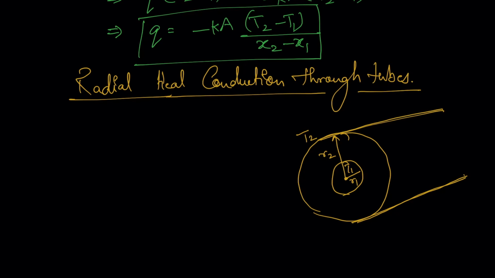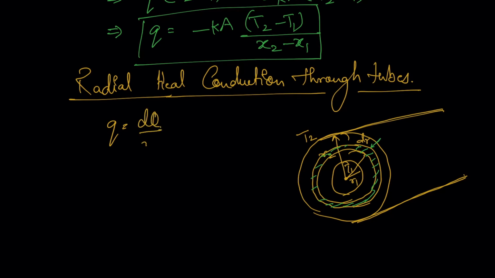So at a distance r, you can consider a small strip of width dr. Now if you want to write Fourier's law, q is equal to dq by d tau equals minus kA dT.